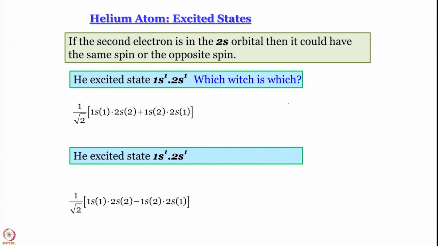Now, you might remember what the spin wave functions are for a 2 electron system.